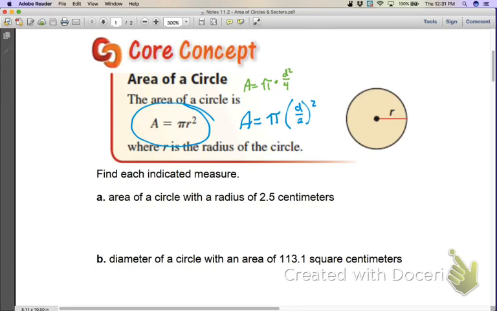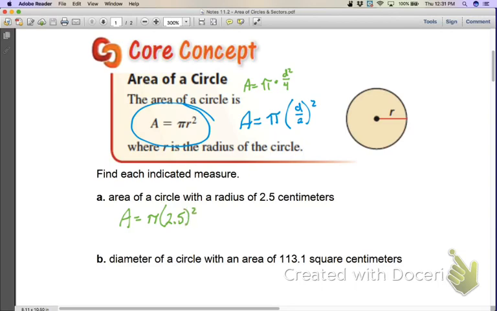So it says, find each indicated measure. What is the area of the circle with a radius of 2.5 centimeters? So, go to our formula. Area equals pi times 2.5 squared.